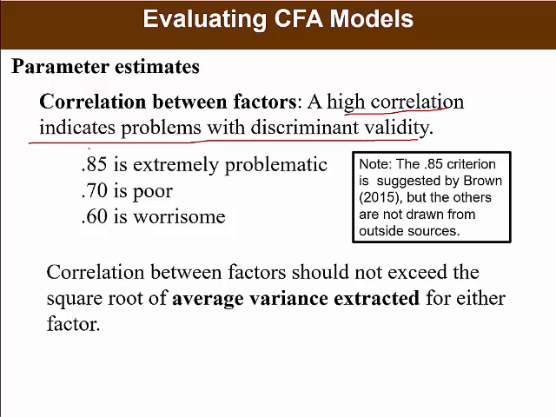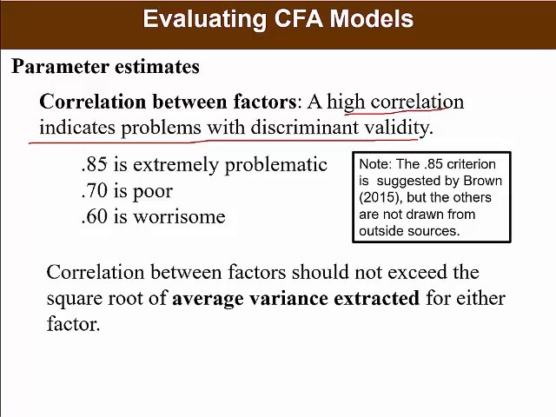And the correlation between factors, when we do confirmatory factor analysis, is an estimate of the correlation we would get if there was no measurement error. And that's going to be a little bit larger than the actual correlation we would get if we were to simply do a regular Pearson bivariate correlation between 2 variables.